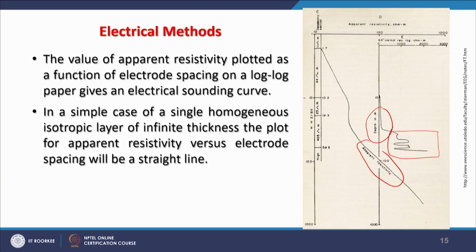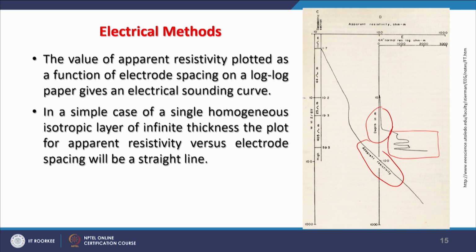So, in the simple case of a single homogeneous isotropic layer, theoretically it is fine that we will have a homogeneous isotropic layer, but in nature it is very difficult or impossible to find a single homogeneous isotropic layer. Anyway, just to understand things, we always start with a simple case.